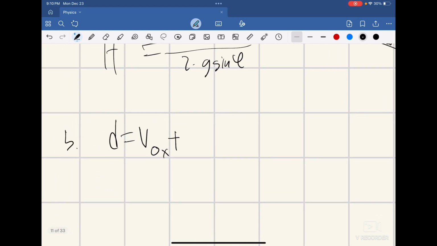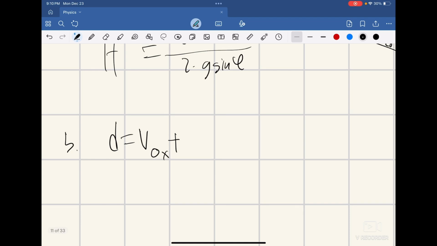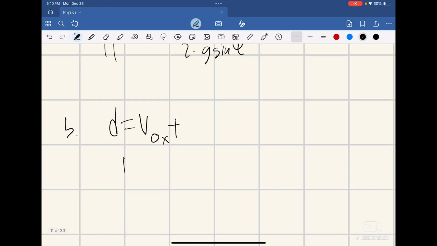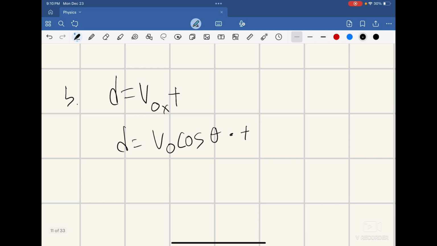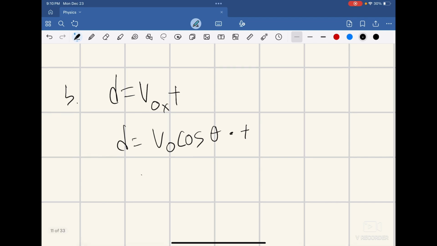So d is equal to v initial x times t, and v initial x is equal to v initial cosine theta. We rewrite this to get t is equal to d over v initial cosine theta. And that's the answer, right?